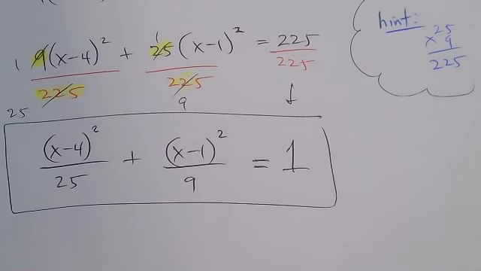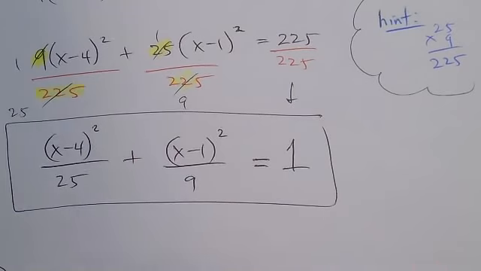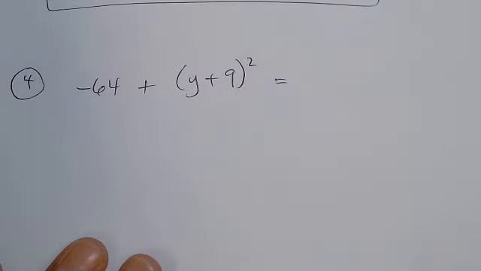Okay, let me find one that is a little bit different. Okay, I see it. Let me go back to this. Okay, last one. Let's see what you do with this. Negative 64 plus y plus 9 squared.